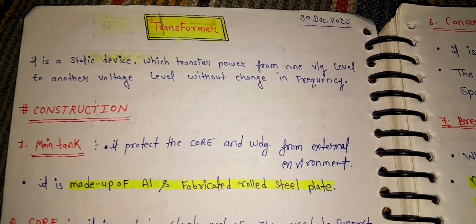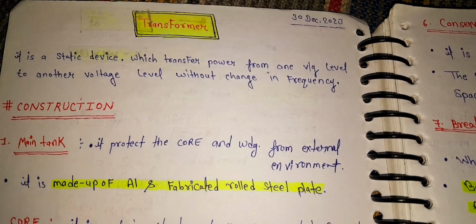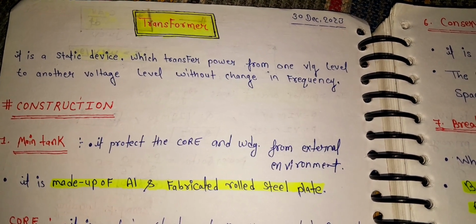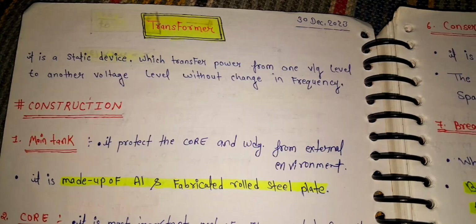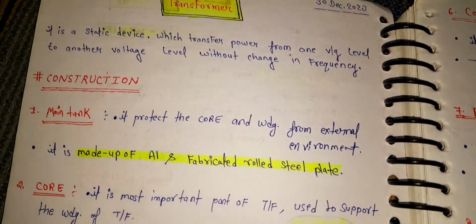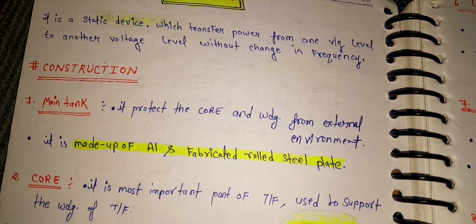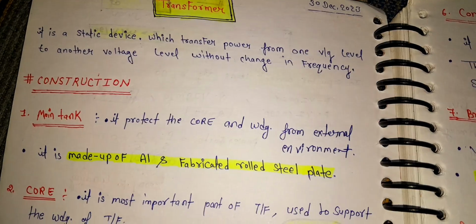A transformer is a static device which transfers power from one voltage level to another voltage level without any change in frequency and without any change in power. A transformer is a constant power device and a constant frequency device.